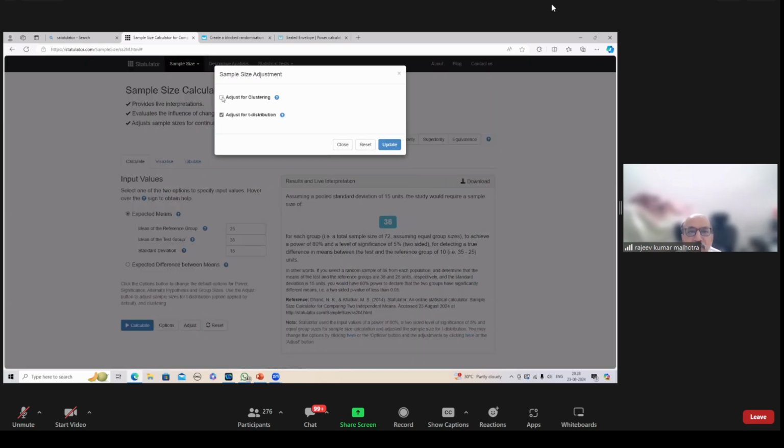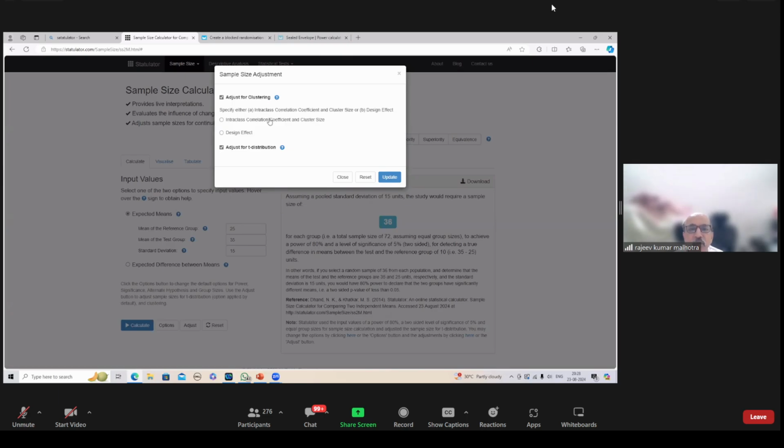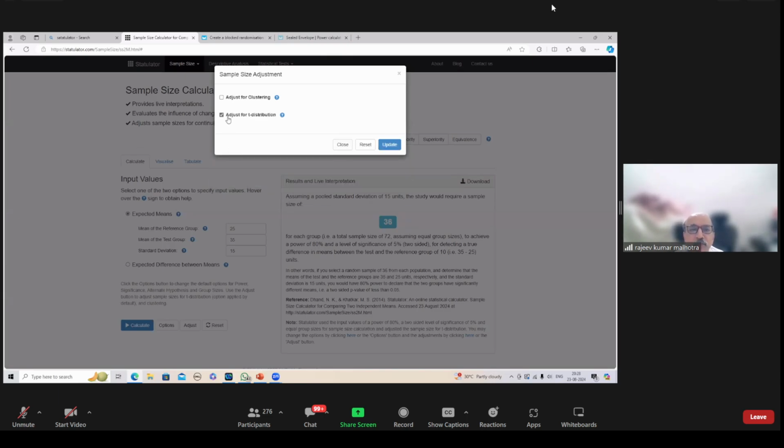The first adjustment is the clustering adjustment. For clustering adjustment, you put in the design effect, because generally we don't know the intra-class correlation. So for the design effect, we assume 1.5 to 2. The second is the adjustment for the t distribution, because we are using a formula based on the normal distribution.